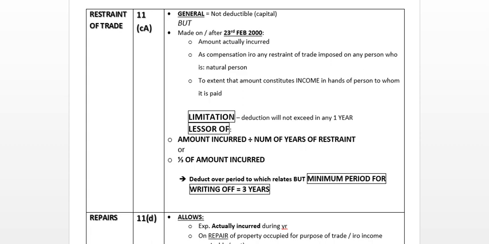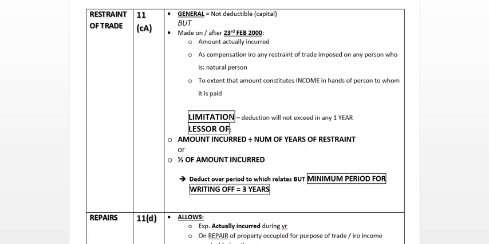And if this employee leaves you and starts his own business or goes to one of his competitors, then you may set up a restraint of trade contract, which states that he may not use this knowledge or this intellectual property for a period of, let's say, 4 years, 5 years, or whatever, which is normally 5 years. And if he does use this information, then he'll be liable for some penalties which he needs to pay to you.